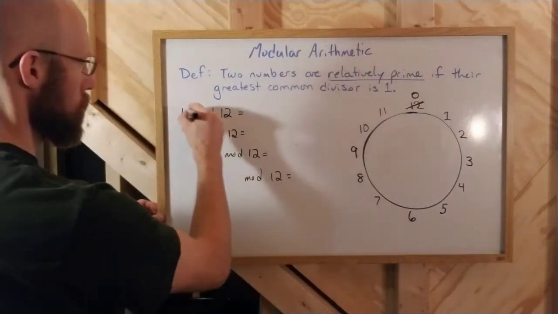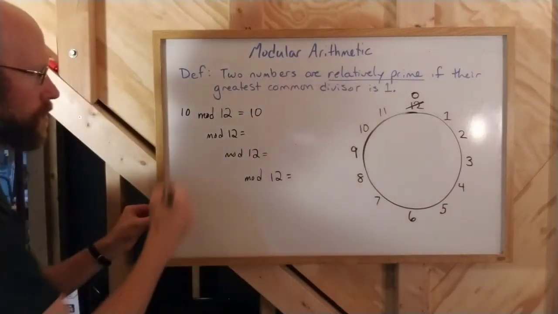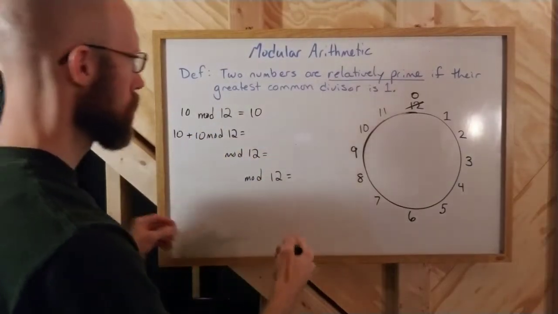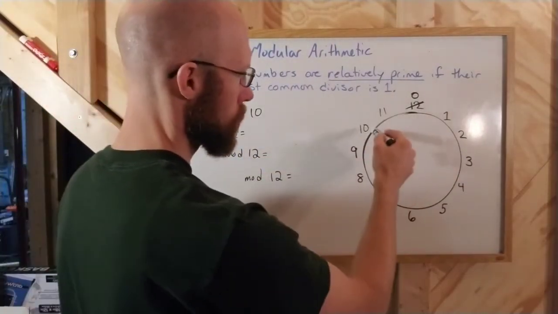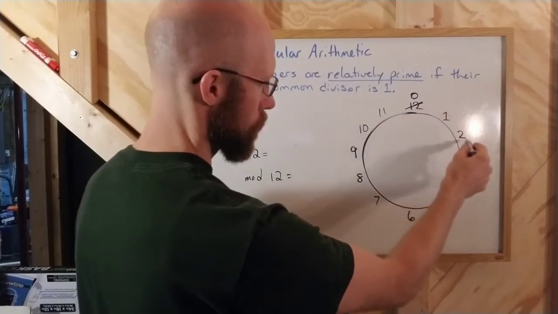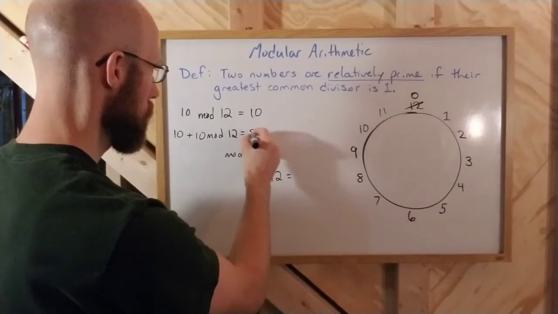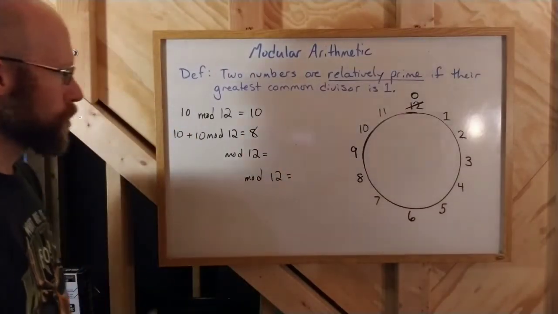So 10 mod 12 obviously is 10 because it's less than 12. 10 plus 10 is 20. You can think of it, you get around to 10, then do another 10. 1, 2, 3, 4, 5, 6, 7, 8, 9, 10. Hit 8.